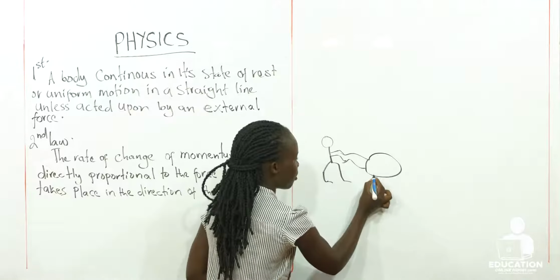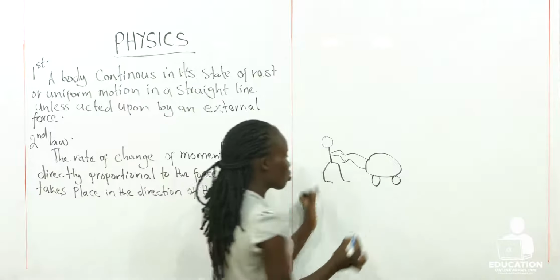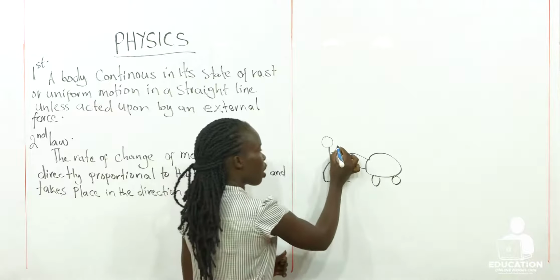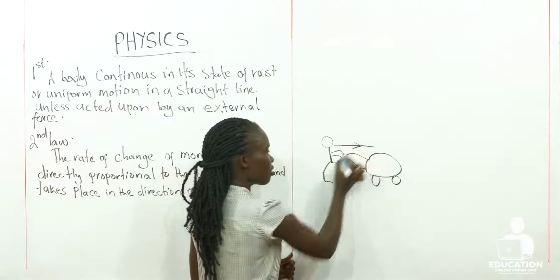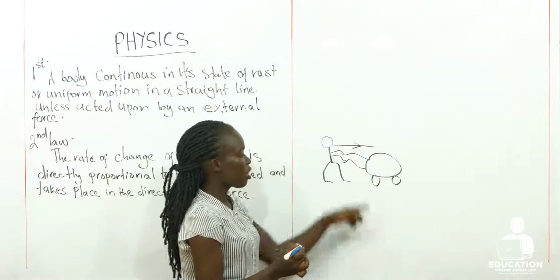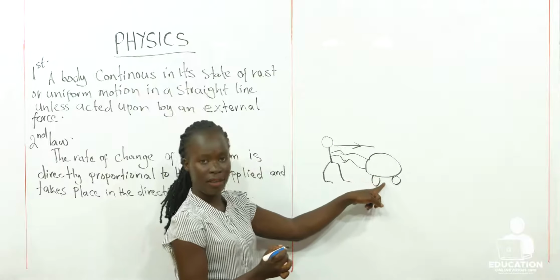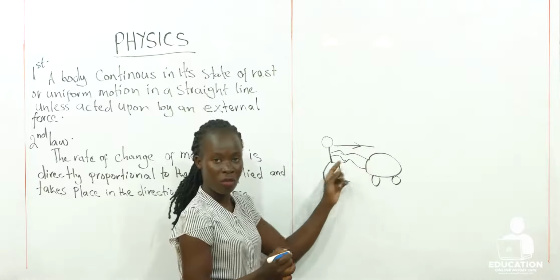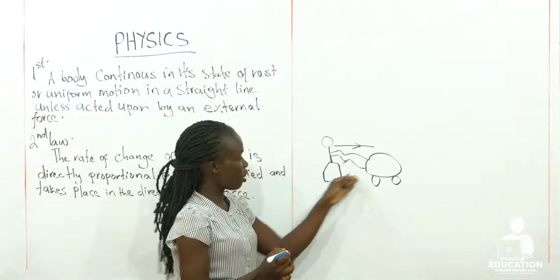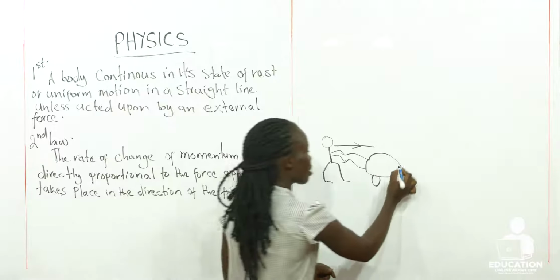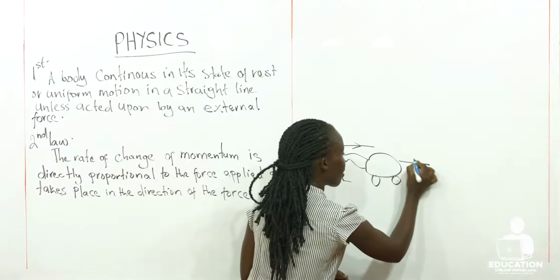As you're pushing it, there is a force you are applying, and the force is in that direction. So it accelerates, because if you're pushing it, that means it's going to leave that position. If it is moving, it takes the direction where you're applying the force.